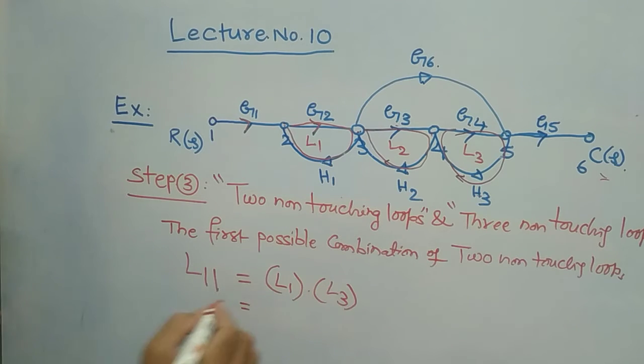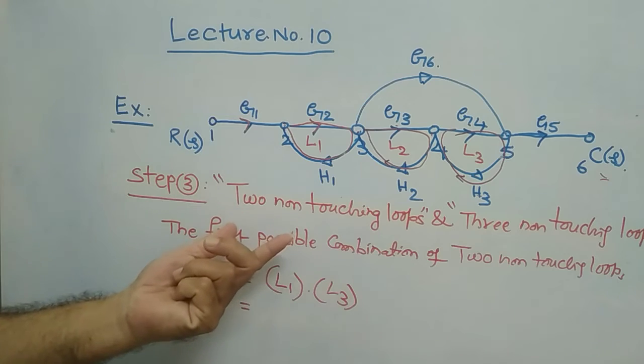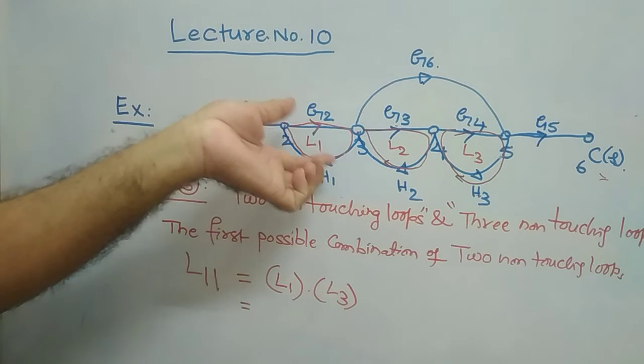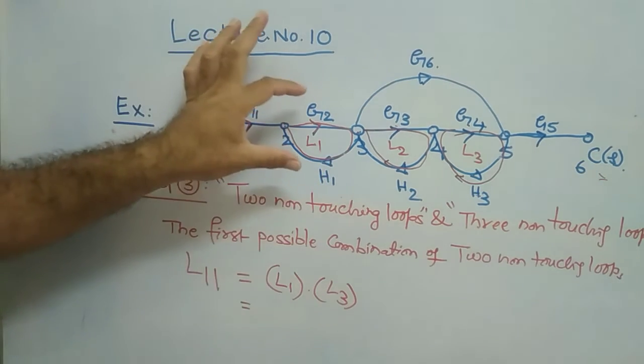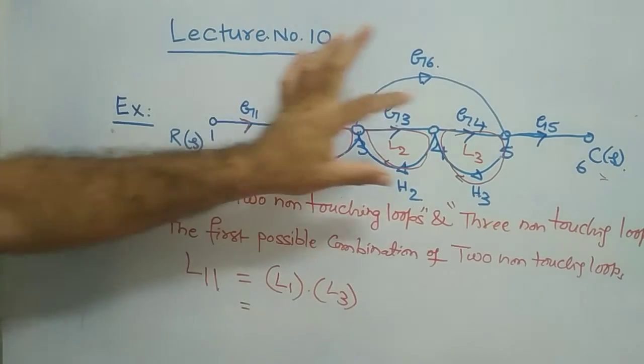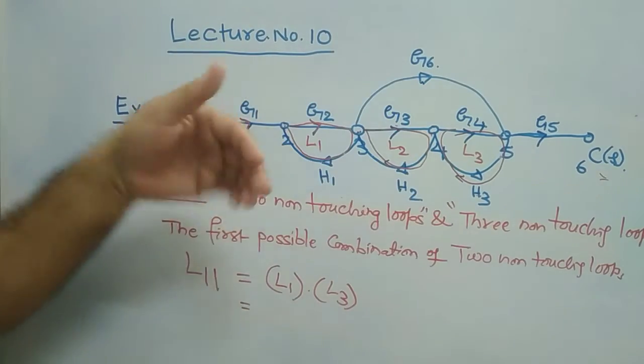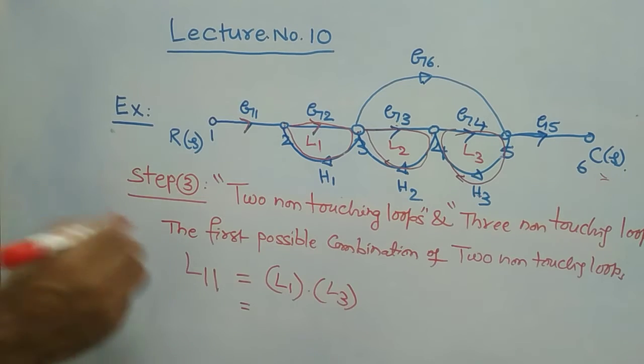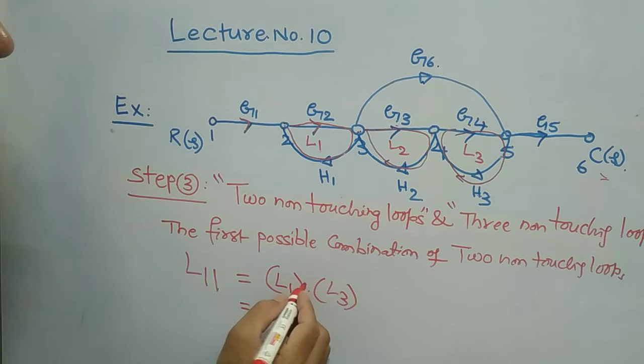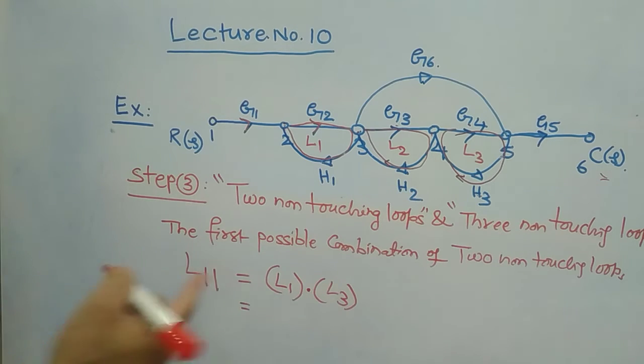What is the gain of L1? Identify the loop, take the loop gain of each individual loop and take the product. That is the meaning of it. Therefore, L1 into L3.